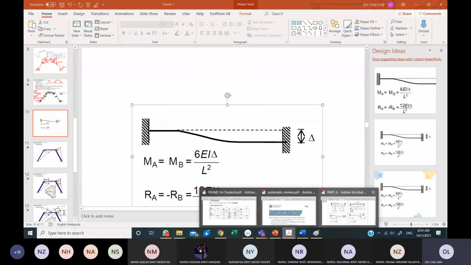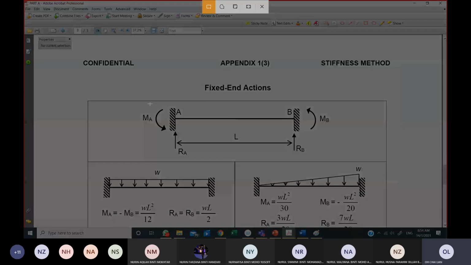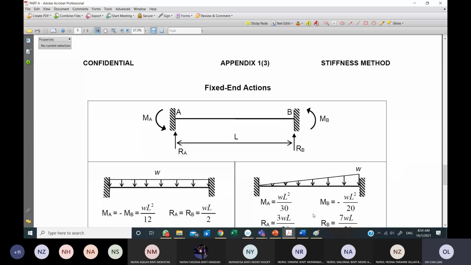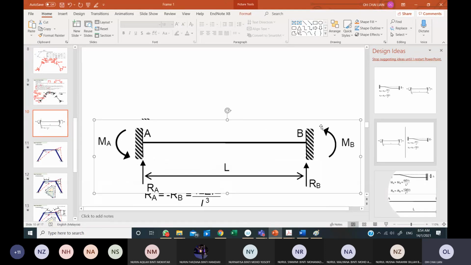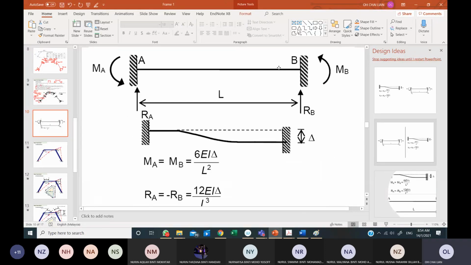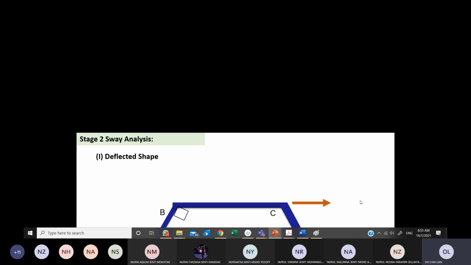I would like to get ready with my appendix first, dealing with the deflection. Maybe I just save this. All right. So we're going to use this equation dealing with the deflection later.